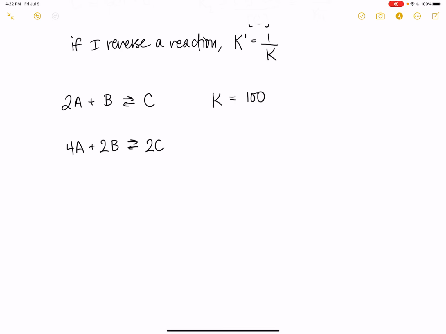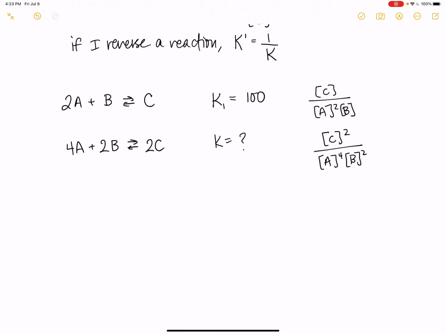If I write out my expression for my first reaction, my K1, I get C over A squared times B. And for this second reaction, I get C squared over A to the 4th times B squared.